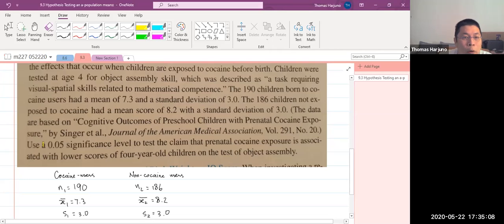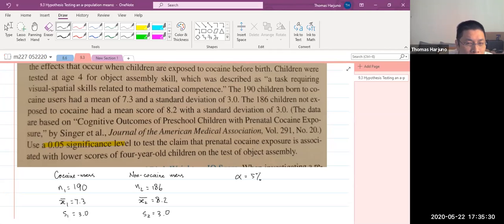Okay, use 0.05 significance level, so that's my alpha, 5%. Test the claim that prenatal cocaine exposure is associated with lower scores of 4-year-old children on the test of object assembly. So I think it has something to do with the visual and motor development of the children at 4 years old.